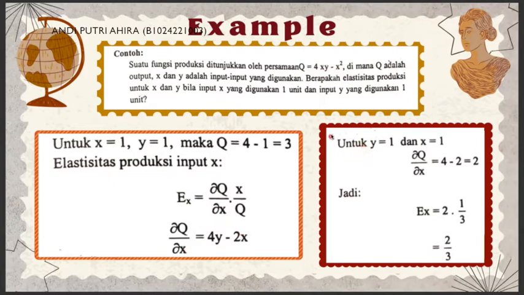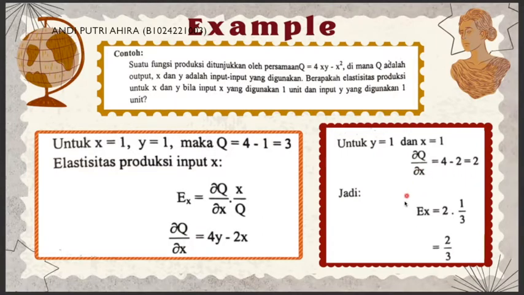So for y equals 1 and x equals 1, partial Q with respect to X is 4 times 1 minus 2 times 1, which is 4 minus 2 equals 2.